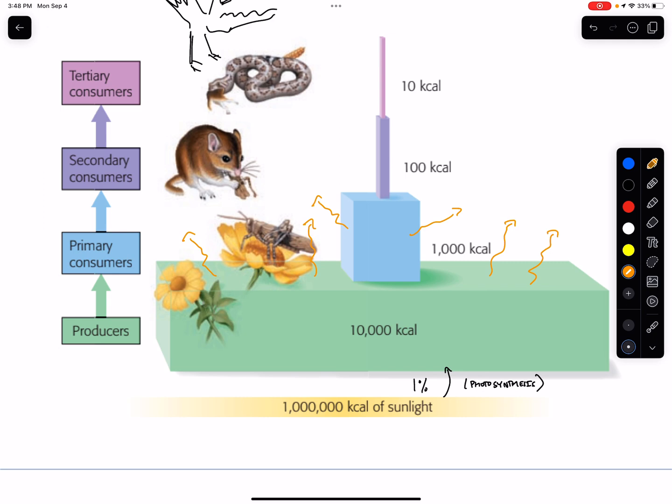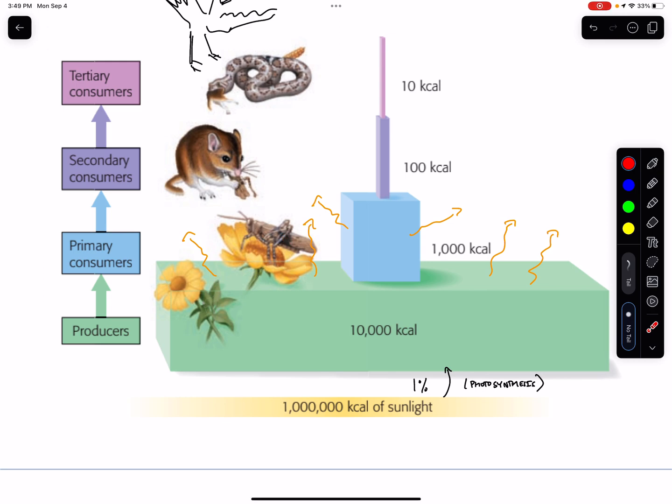So a grasshopper, in order to stay alive, has to eat more plant matter than is just stored in its body, because it's got to move around. It's got to find a mate. It's got to have some babies. It has to find more food. It's constantly emitting energy in the form of heat.